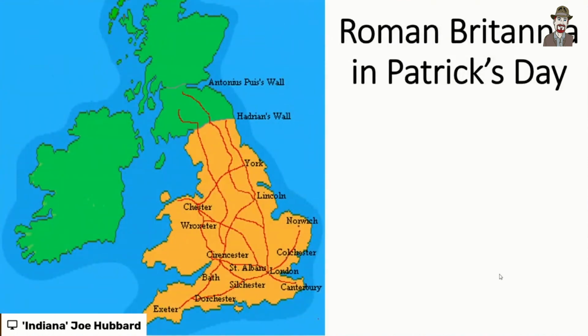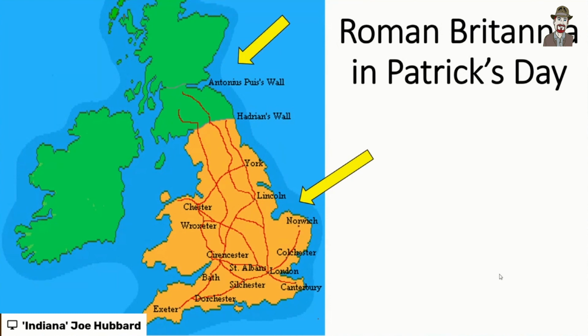This is what Roman Britannia looked like in Patrick's day. And you can see it's really actually split into two parts. You've got the orange and you've got the green. The green represents the Celtic areas. The orange represents the place which had been taken over by Rome. So down here you've got Britannia, as part of where the Roman Empire was.